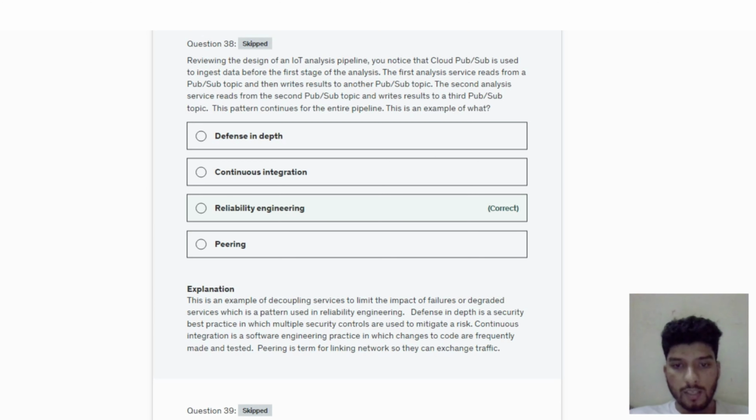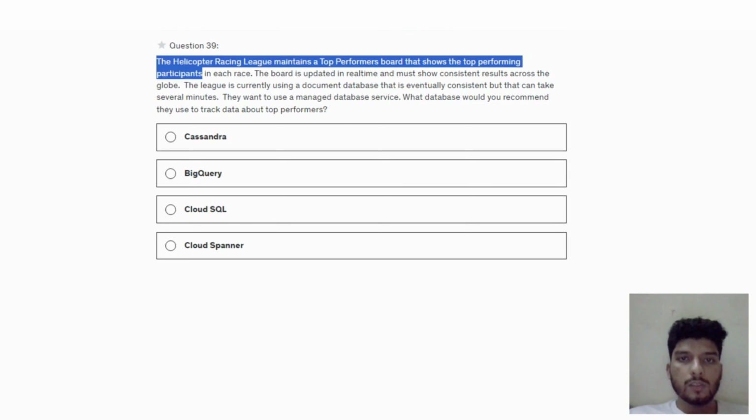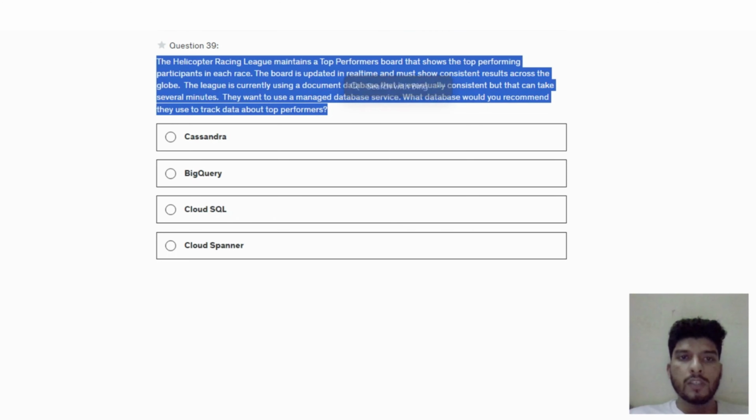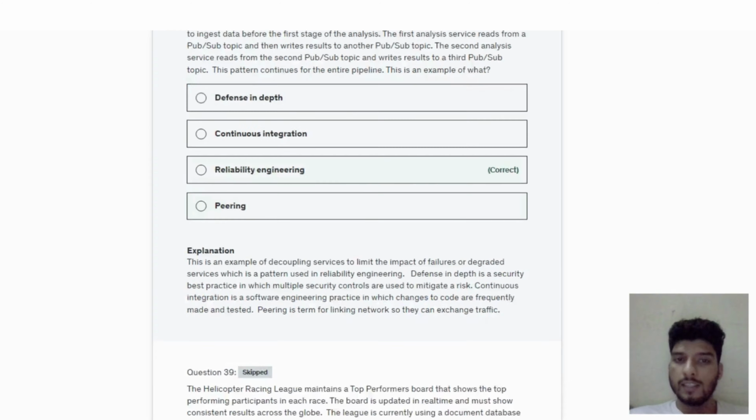So question number 39 is, here is question number 39, and you have to select the right recommended database that they can use to track the data about the top performers. Options are Bigtable, BigQuery, Cloud SQL, and Cloud Spanner. So the right answer of question number 39 is, I think, Cloud Spanner.